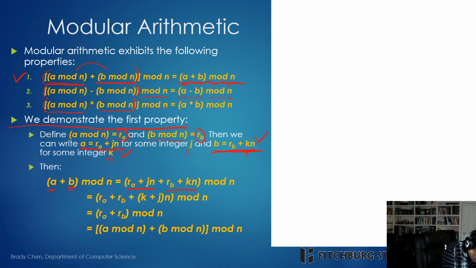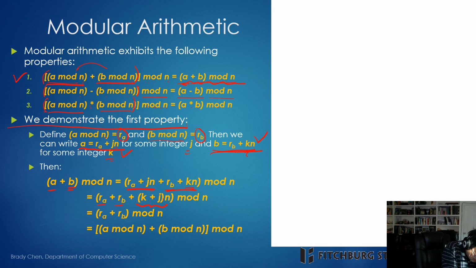Then we can combine Ra plus Rb, and combine Jn and Kn, and take the common factor out, right? So it becomes Ra plus Rb plus J plus K times n, mod n.